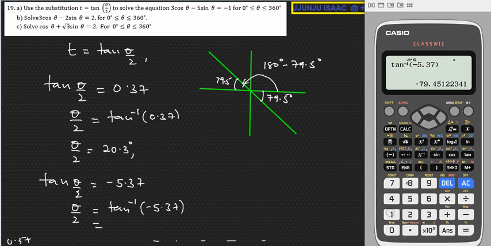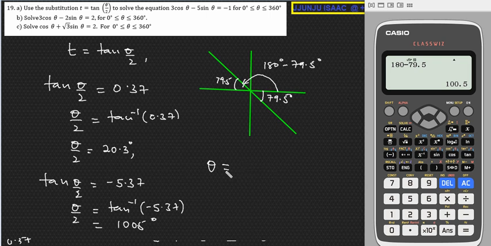So that gives us 100.5 degrees. So we multiply it by 2 to get our theta.